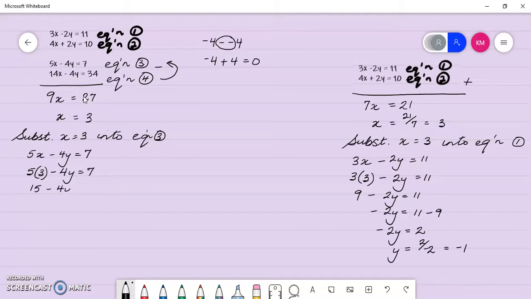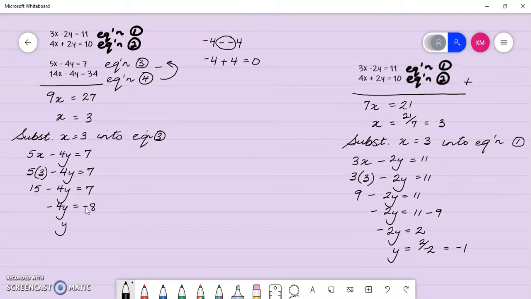Take away 4y is 7. So here you are seeing that you have a linear equation that needs to be solved. I'm going to be left with negative 4y is equal to 7 take away 15. That's negative 8.